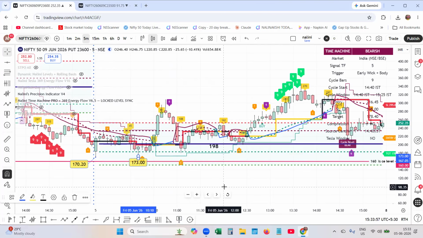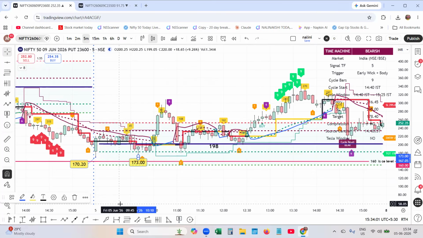You can do it like this if you get the level from my Nalini Precision Engine. This is the pivot level you are getting from the put option. I have put 160 for the call option.